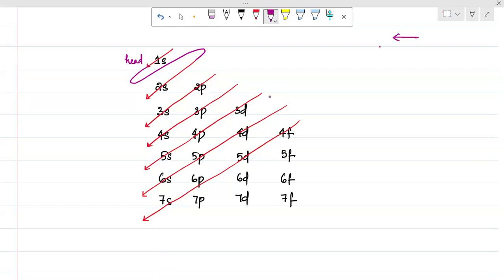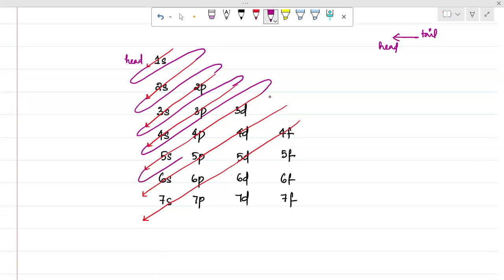This is the head of the arrow and this is the tail of the arrow. What we have to do is connect the head to the tail. Head to the tail, and so on.